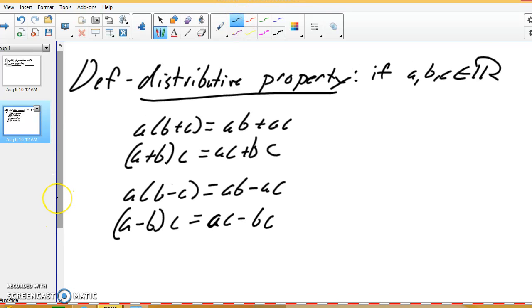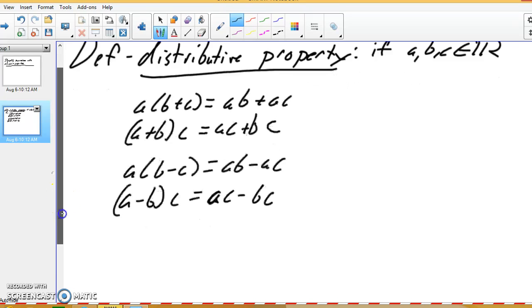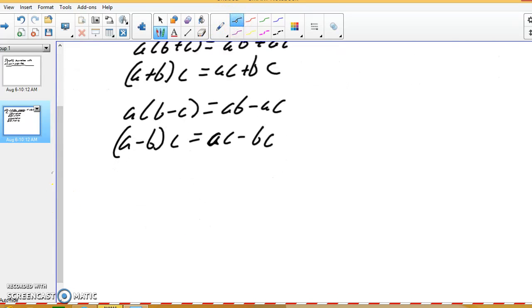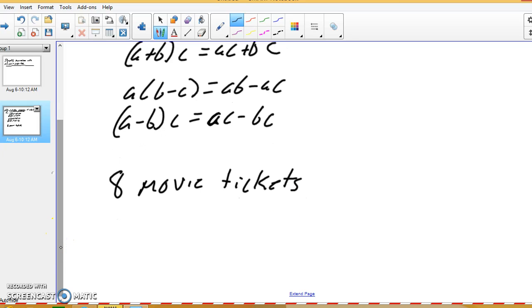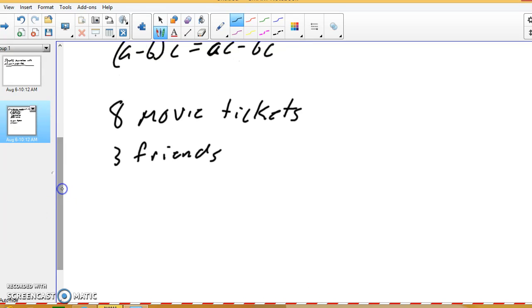So first off, we might ask ourselves, why would we ever want to use this? Well, let's use a movie ticket example. Let's say a movie ticket is $8, and you're going to buy them for you and 2 friends, 3 total people.